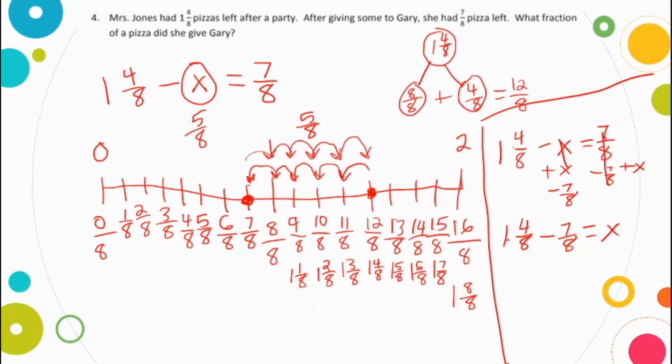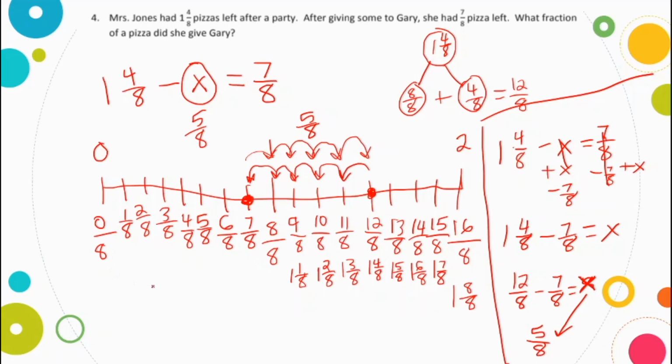We know that 8/8 plus 4 gives us 12/8 minus 7/8 equals x. So 12 minus 7 gives us 5 out of 8. So x is equal to 5/8. You can see here, no matter what way you solve it, you're always going to end up with 5/8 because that is the correct answer.